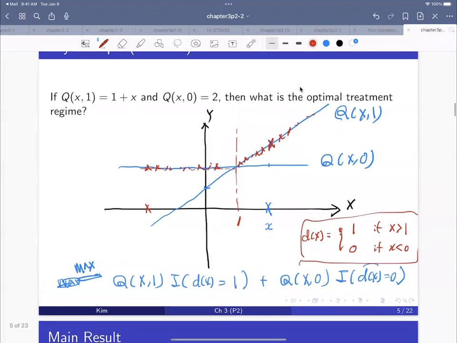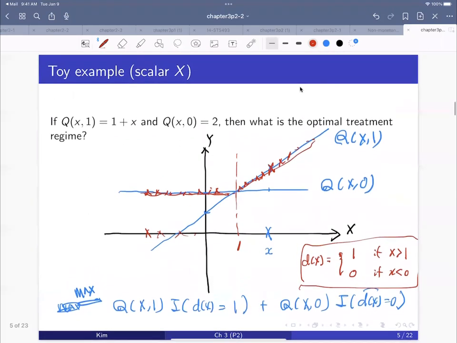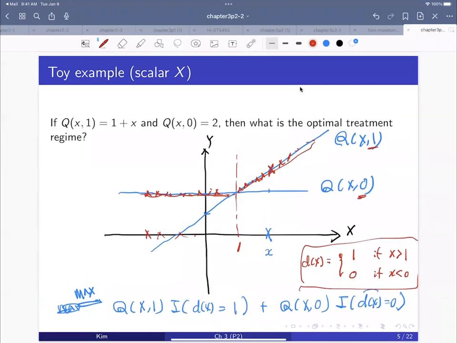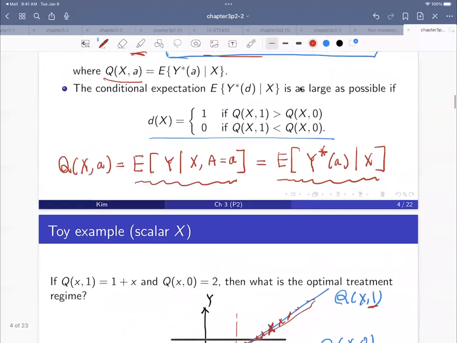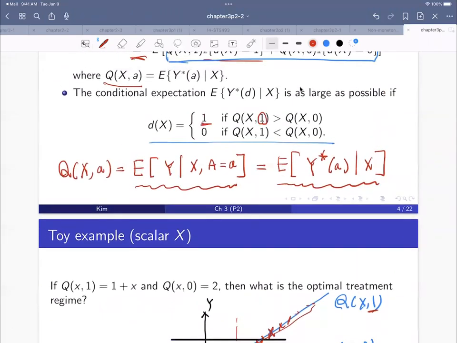It means at each point we choose the option that has the largest Q value, right? That's basically this idea. So this one has a larger value, so we choose it.